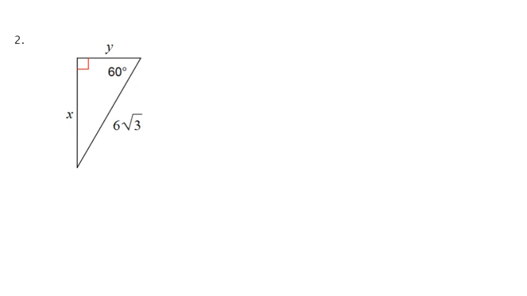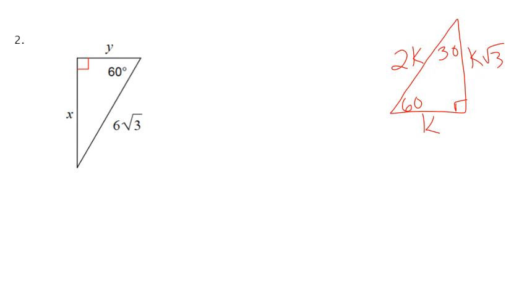The next example is, again, the same type of problem, just a little bit more solving. So this is 60, 30, my hypotenuse, and I'm labeling this out. When we label our triangle here, same thing. So this is 2K, K, and this is my 30.